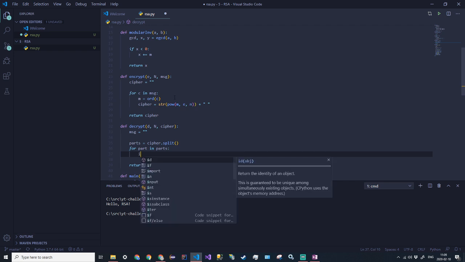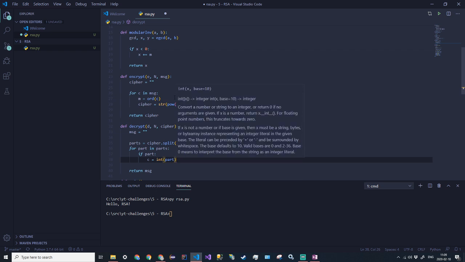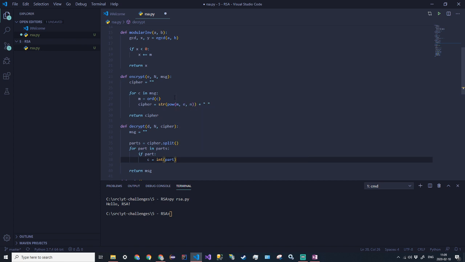we're going to say if part, just to make sure it actually has something, and then all we're going to do is we will say C is equal to, so the cipher value is equal to the integer value of the part. So that just converts the number in the string to an integer.